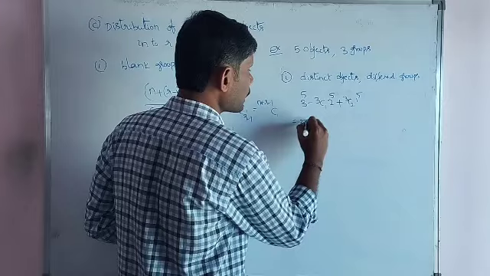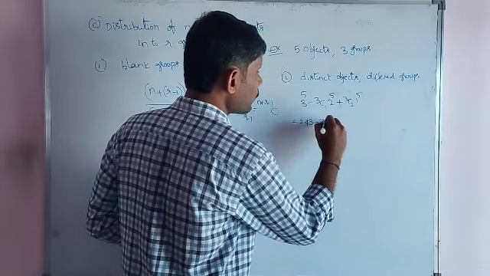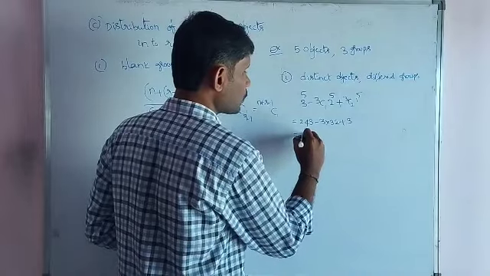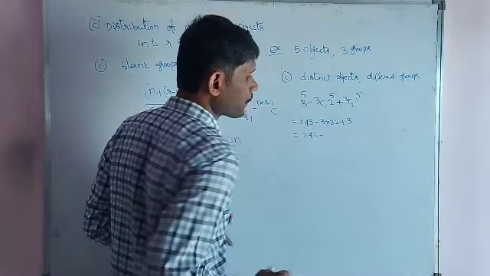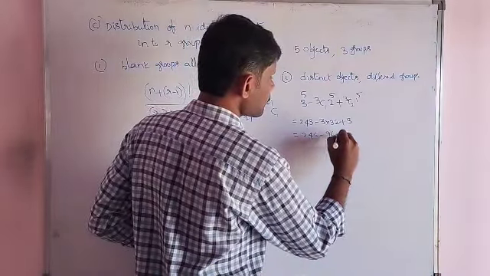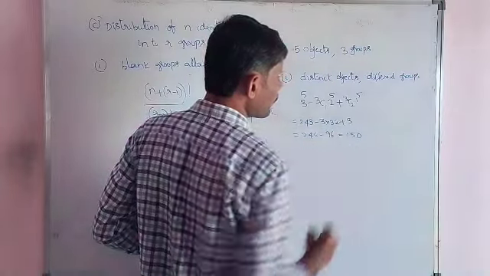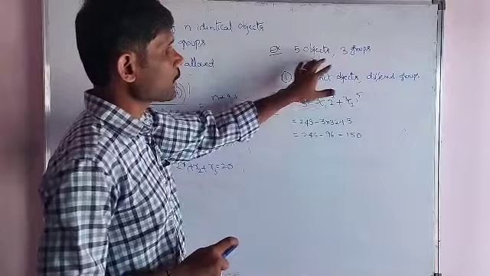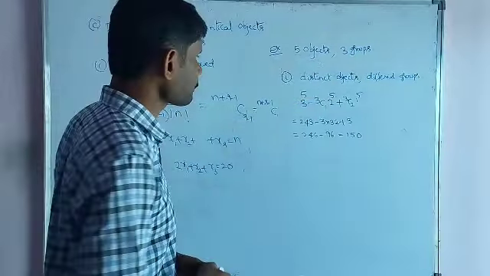That is equal to 243 minus 3 into 32 plus 3c2, which is 3, so 246 minus 96, which is equal to 150. So there will be 150 ways in which we can distribute 5 distinct objects into 3 different groups.